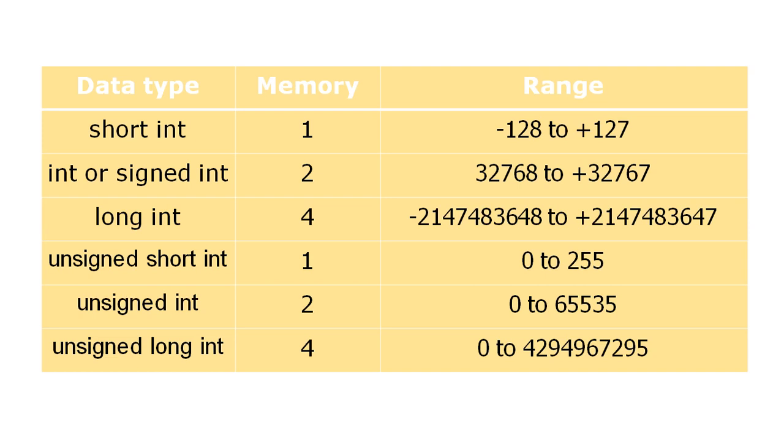The memory sizes of these are 1, 2, 4. The difference between short int and unsigned short int is that short int accepts values only up to 127, while unsigned short int accepts values up to 255.